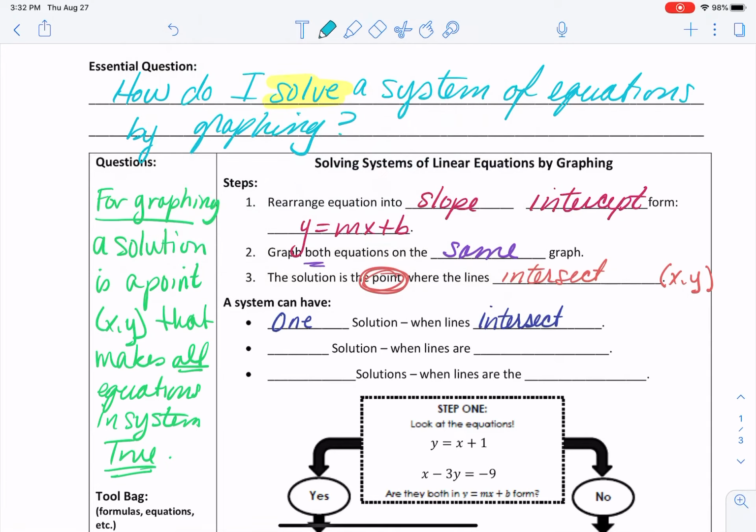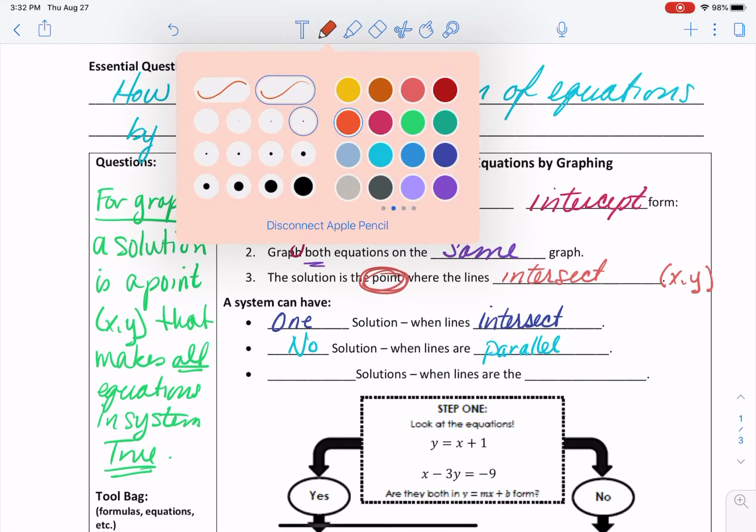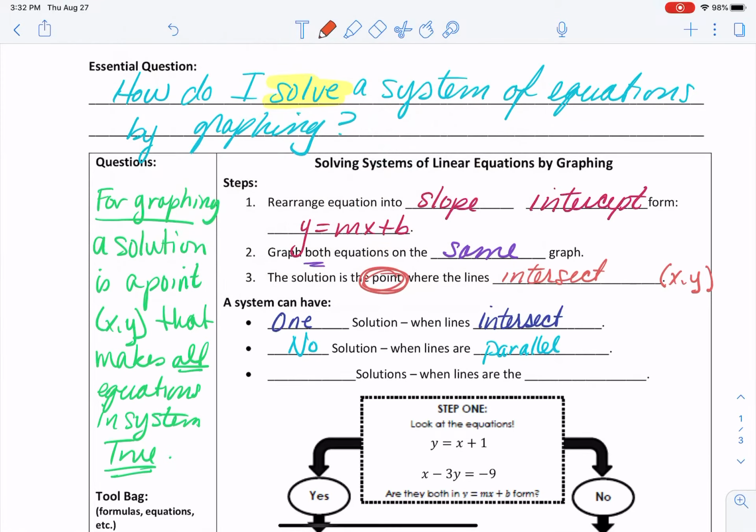It can have none, or no solution, when the lines are parallel. They're never going to touch. And it can have infinite solutions, this is the symbol for infinite, when the lines are the same.